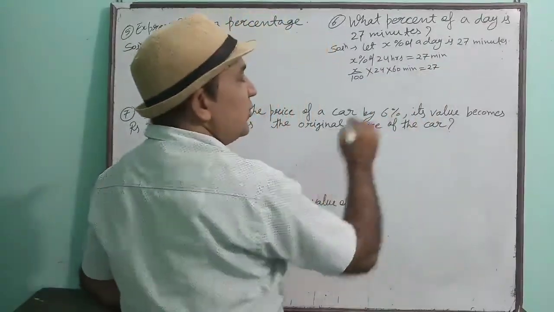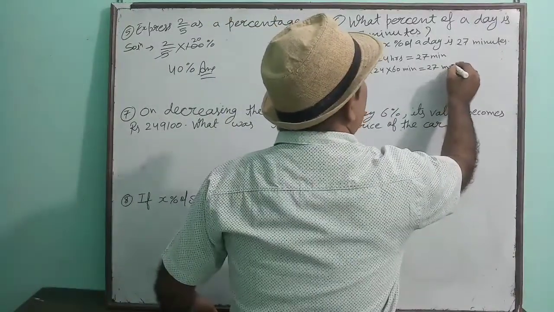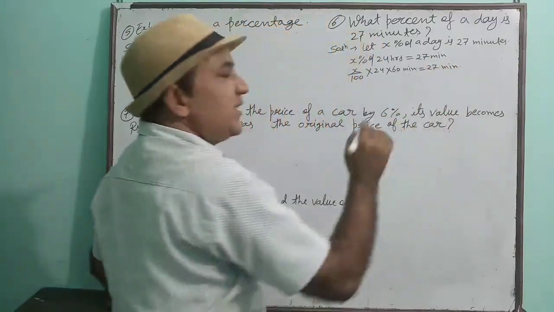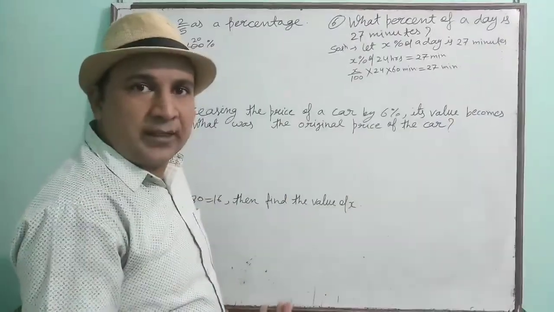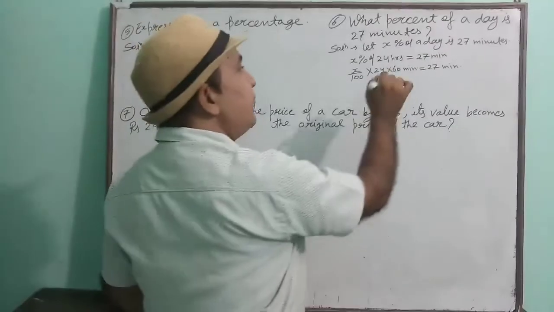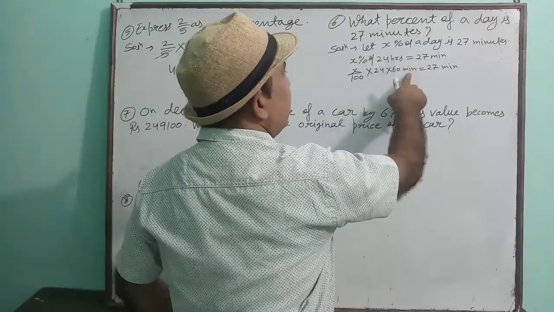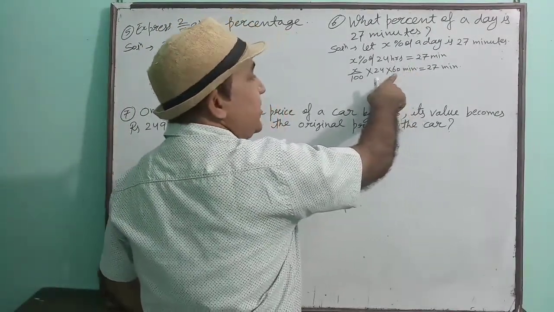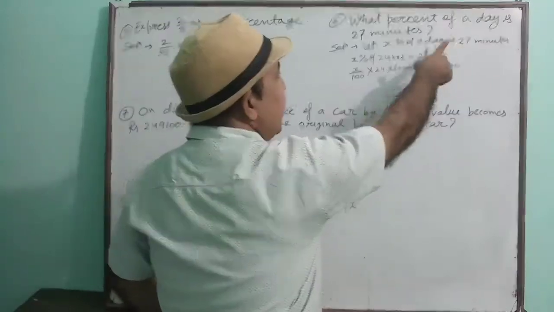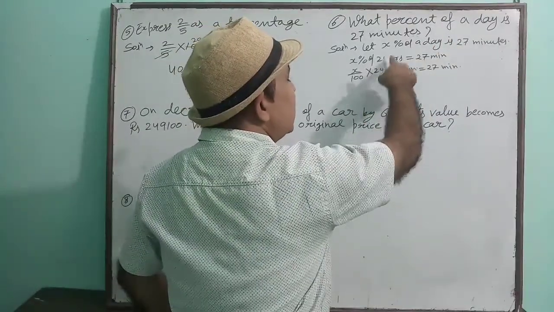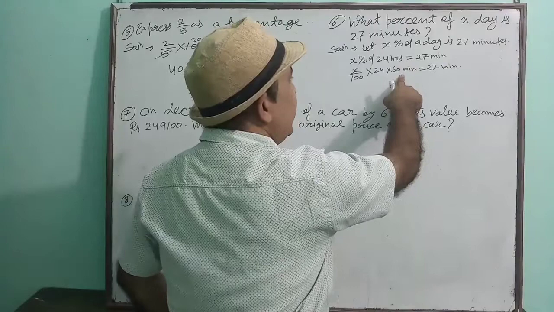Is this understood? Because without making the unit same, we cannot calculate. So unit must be same. That is why hour is converted into minute by multiplying 60. 1 day is converted into hours. Hours is converted into minute.